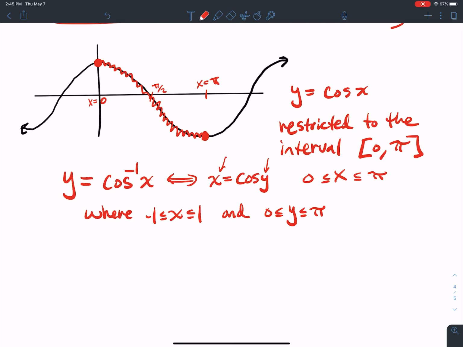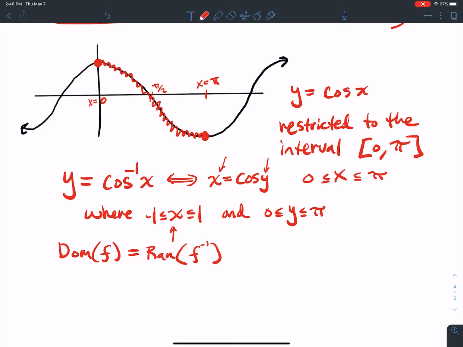Because the range of the cosine function, y equals the cosine of x, is -1 to 1, then the domain of the inverse function is -1 to 1 here. Remember, the domain of some function f is equal to the range of that inverse function.